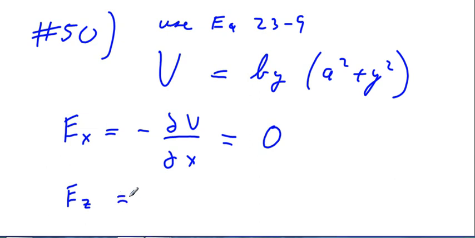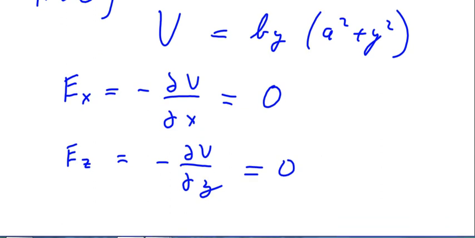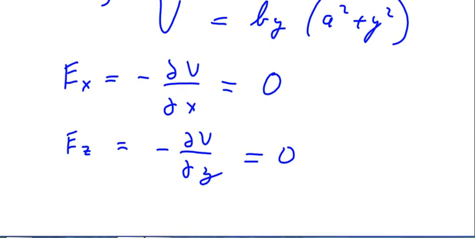E in the Z direction is minus the partial of V with respect to Z, and there's no Z in the equation, so that's 0 as well. And E in the Y direction is going to be minus the partial of V with respect to Y. And now I have something I can do something with.